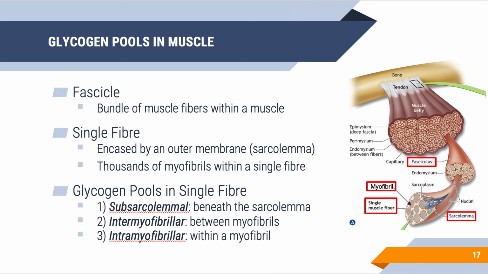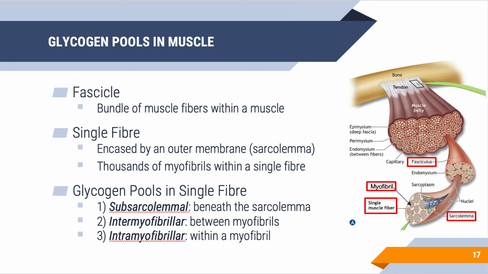And what we'll see is that there are different glycogen pools within the single fibers. So within each single fiber, we have three different pools. One, subsarcolemmal. Remember that the sarcolemma is wrapping around the single fiber, and we can have glycogen stored directly beneath that sarcolemma. Additionally, remember each single fiber is made up of thousands of myofibrils.